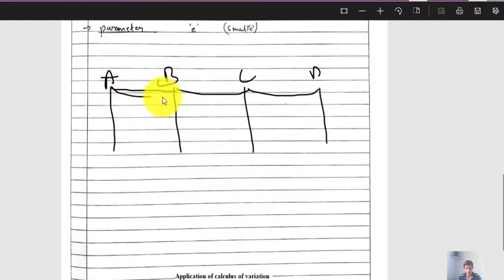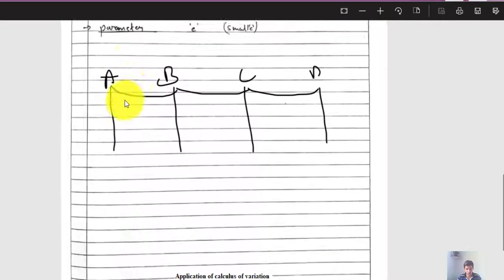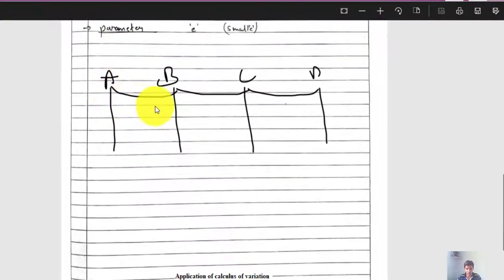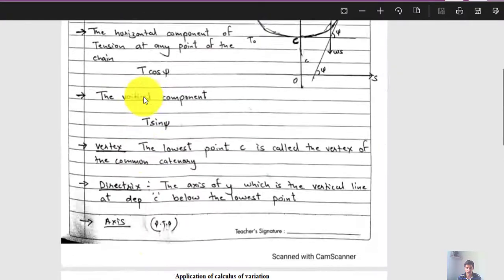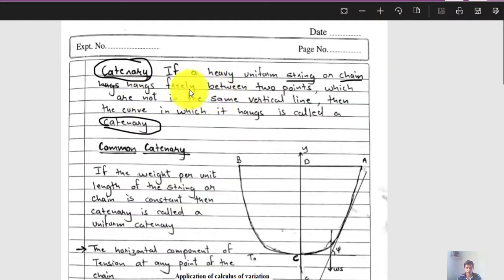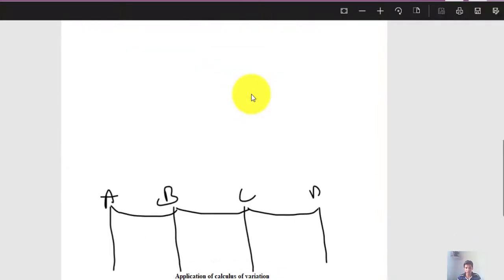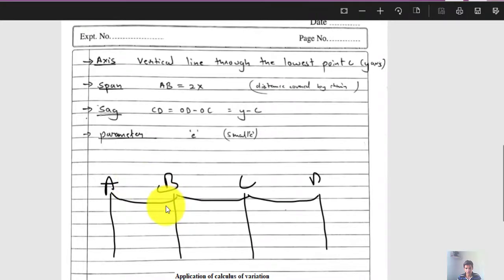Actually it should be a bit bent, like this. Fine. So this is a chain or some string. The wires are like string and they are attached like this. So it is a catenary problem. The chain hangs freely between these 2 points.